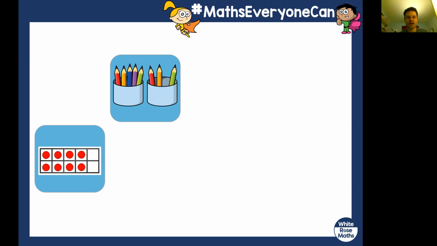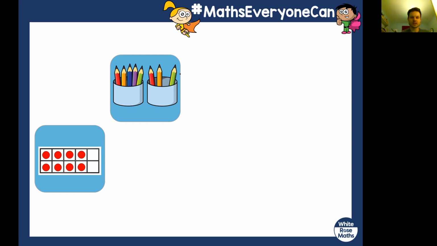So straight away I can see 5 pencils in one pot, and I can also see 3 pencils in the other pot. So a 5 and a 3 together. Does anybody know what that makes? It makes 8. Okay, 1, 2, 3, 4, 5, 6, 7, 8.